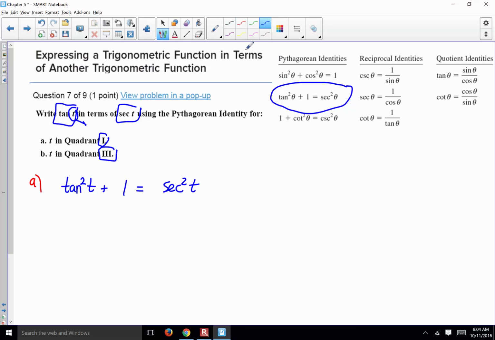I flip theta to t because in our question it is t. Now I need to get tangent alone. This is with a square, and it says only tangent. So I need to leave that alone by subtracting 1 from both sides.